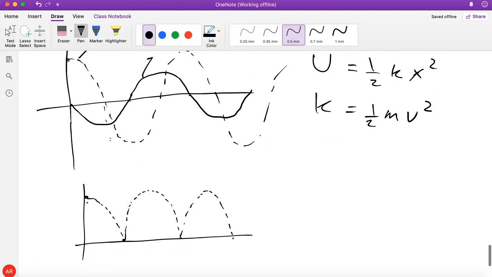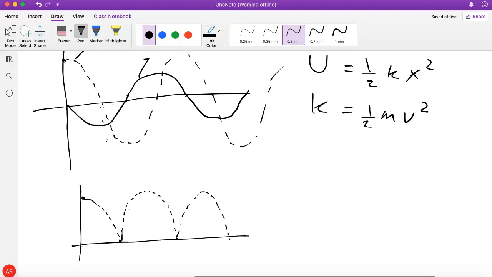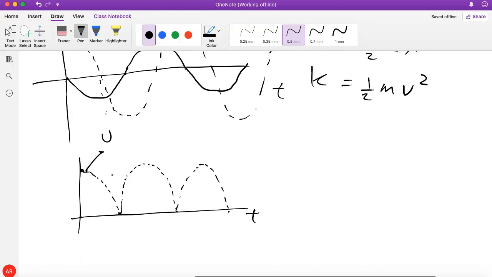And when the potential energy is the maximum, the kinetic energy is 0. So let's say that's K, you can imagine this being time qualitatively. And then U, the potential energy, does this, and their sum is expected to be a constant, right?